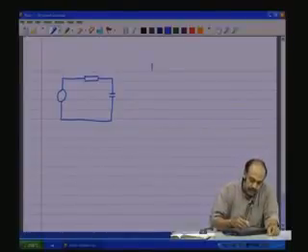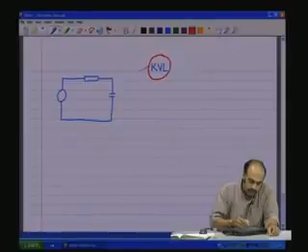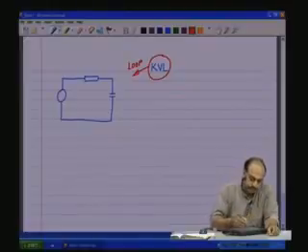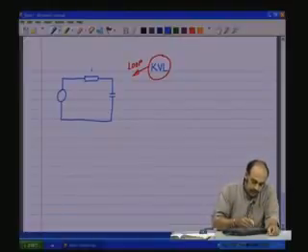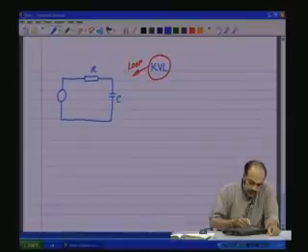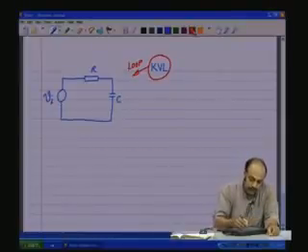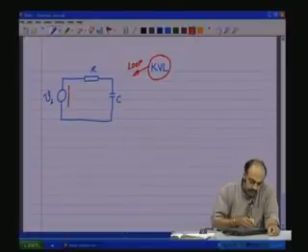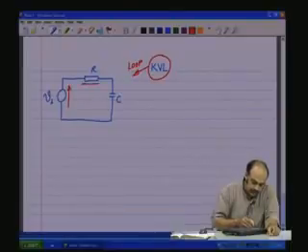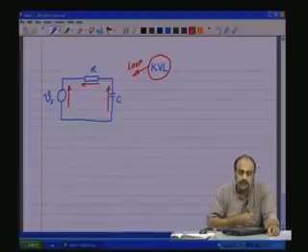The Kirchhoff's voltage law should be obeyed for this loop. So here you have the R, you have the C, and you have the source, which is Vi. Now there is a voltage which is considered in this direction. There is a voltage across R which is in this direction. There is a voltage across C which is in this direction.